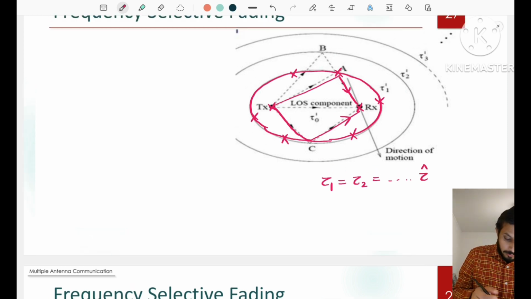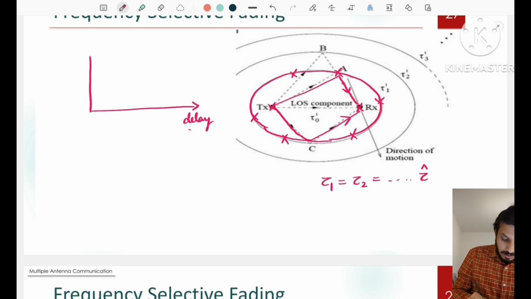Let's say this is the delay axis tau, and at this tau hat we are getting multiple responses with the same or different magnitude at the same tau. So this is what we defined in flat fading, and this is h(t, tau).